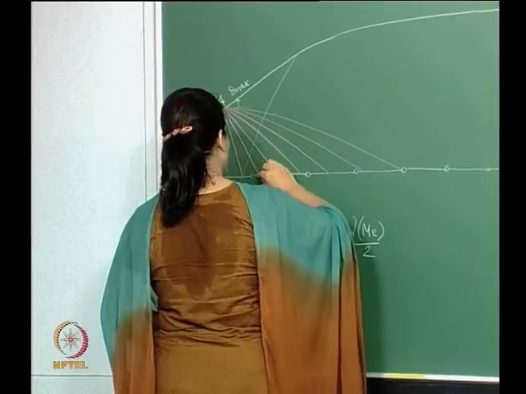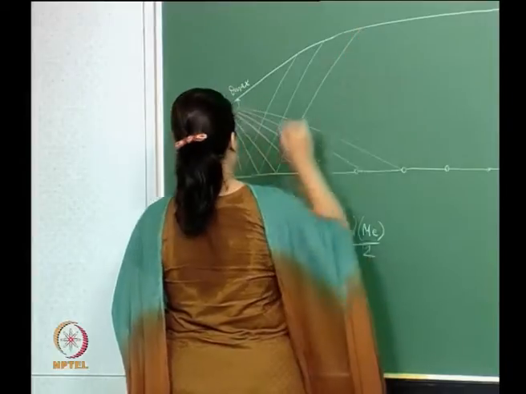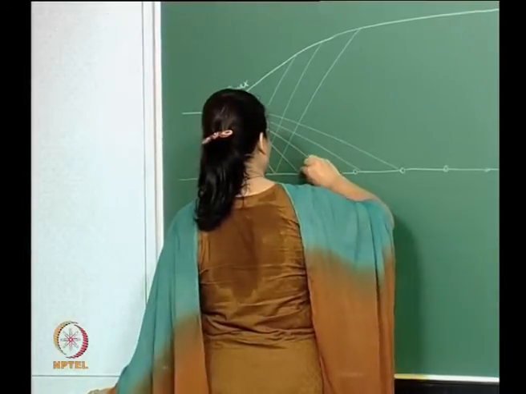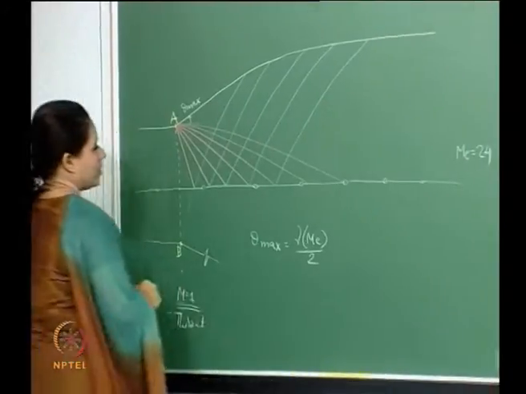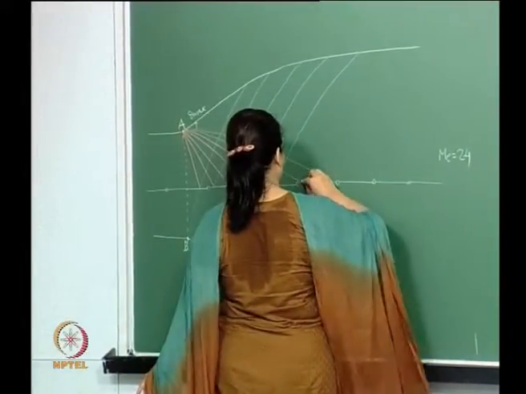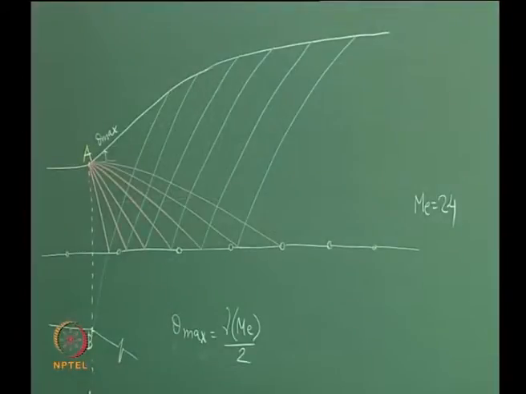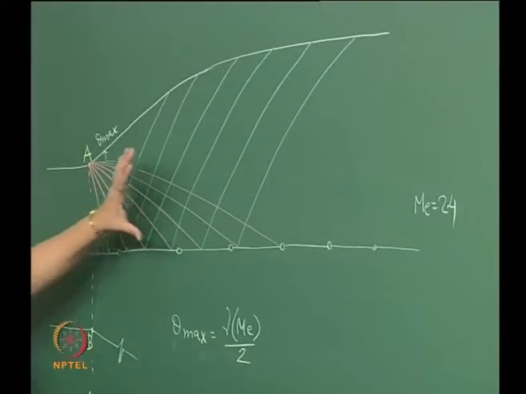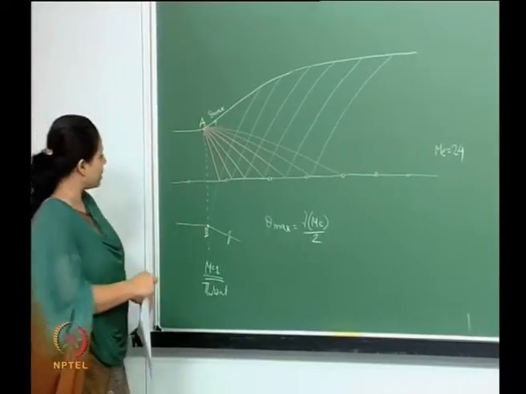Essentially we'll have one more like that. So we're going to pretty much have all this, and this is also generating from here. We are not going to look at this. So this is how the expansion fan is going to look.